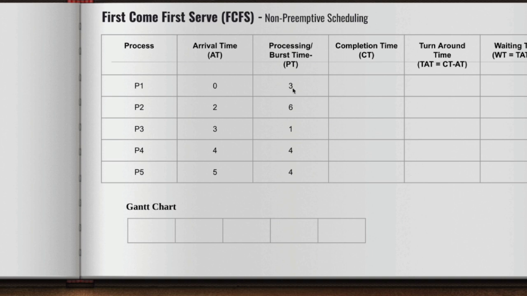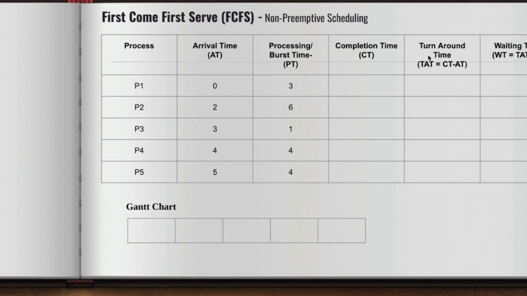This could take 3 units of time, this could take 6 units of time, and so on and so forth. Now this unit of time could be anything, seconds or minutes. It doesn't really matter. For now, you can just consider that this is a unit of time. So this will take 3 units of time, P2 will take 6 units of time to complete its execution. Okay. Now the question will be, please calculate the completion time, average turnaround time, and waiting time.